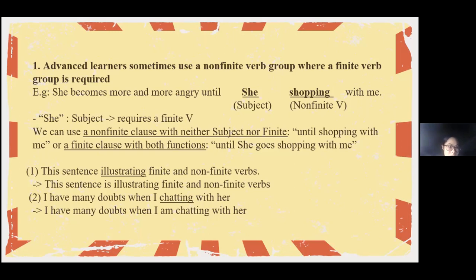The first is that advanced learners sometimes use a non-finite verb group where a finite verb group is required. For example: she becomes more and more angry until she shopping with me. In the second clause, she is the subject and shopping is a non-finite verb. So we need a finite verb here.